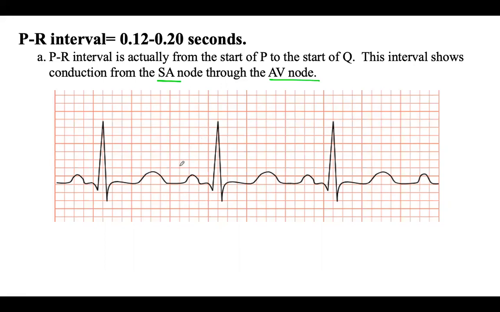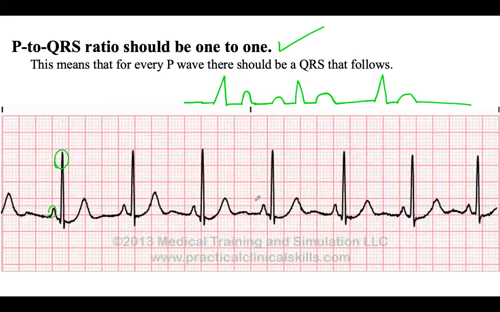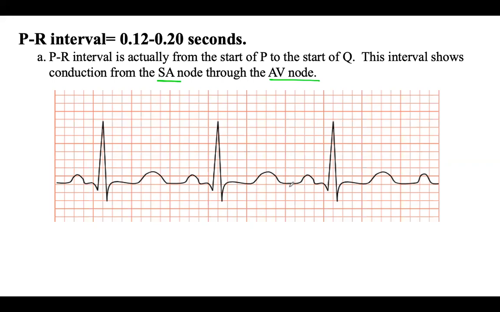I changed this picture because it's easier for me to depict it, but if you want to get some practice, see if you can figure out your PR interval on the picture I showed you earlier. Just for simplicity, I'm showing you an enlarged image here.